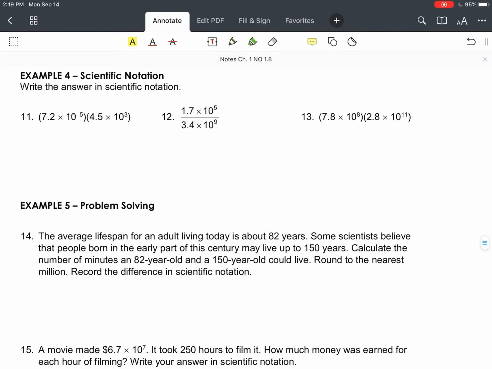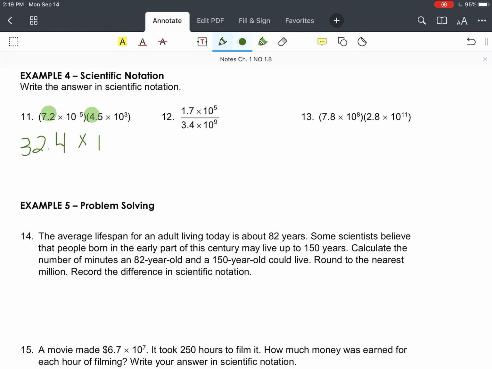So for writing these answers in scientific notation, just like you might guess, you're going to multiply the numbers out in front, and then you're going to add the exponents of your powers of 10. So you're going to multiply 7.2 with 4.5. 7.2 times 4.5 is going to give you 32.4.